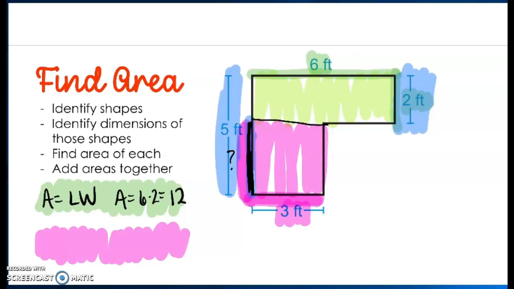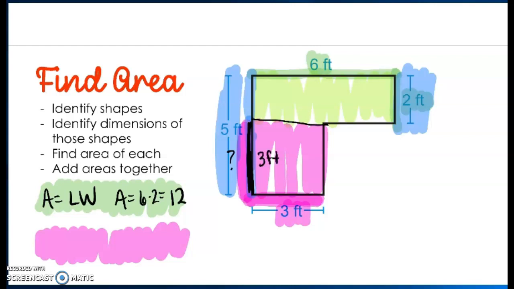So if we look at the up and down measurements, we have a 5, a 2, and a question mark. If you're missing a smaller side, you subtract the 2. If you're missing the largest side, you add the 2 smaller sides together. So we know from here to here is 2, so 2 plus something gives you 5, that long measurement. Or you can just do 5 minus 2, and that will be 3 feet there.